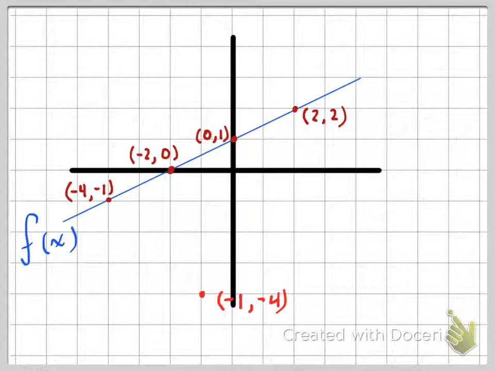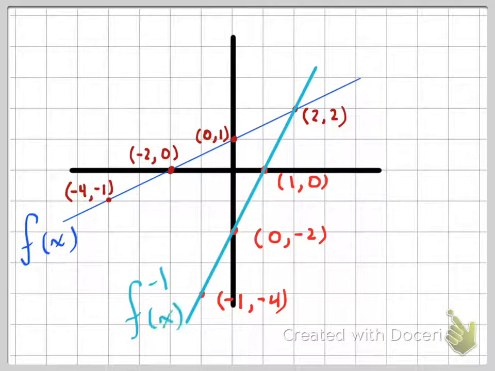So there it is, and if I did a couple more points, that would mean the inverse of f would take a 0 and turn it into a negative 2. It would take a 1 and turn it into a 0, and then there's that still kind of funny 2, 2 point up there. And in fact, if you graph those points, you can see they're all in a line, just like f is in a line. There's the graph of the inverse of f right there.